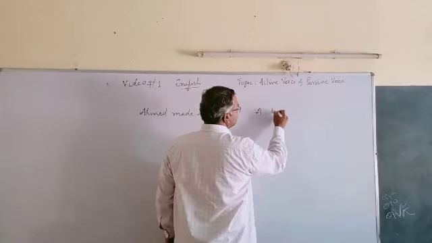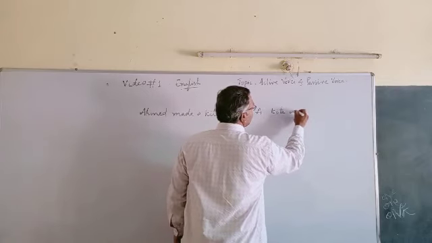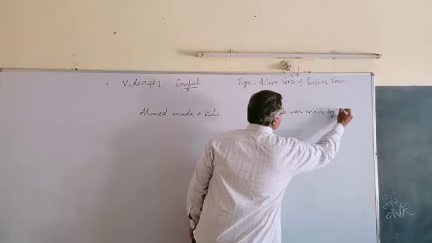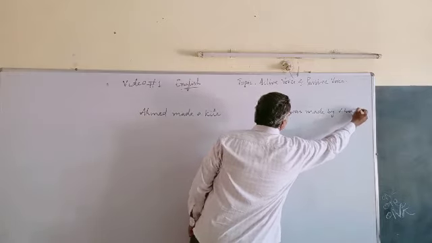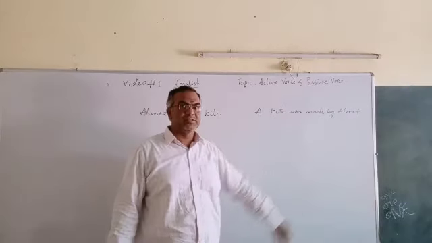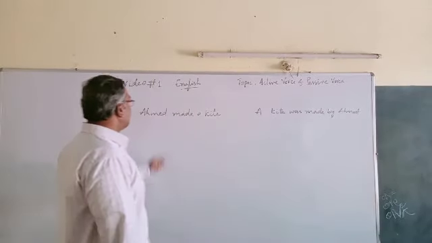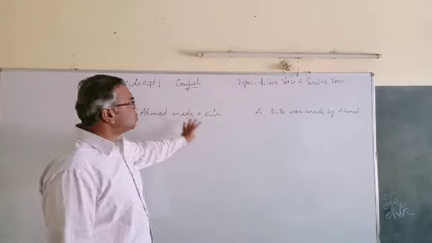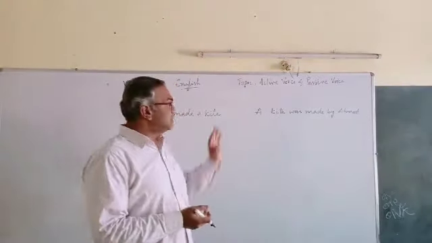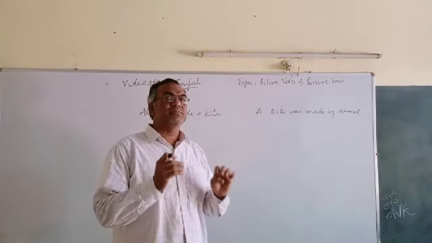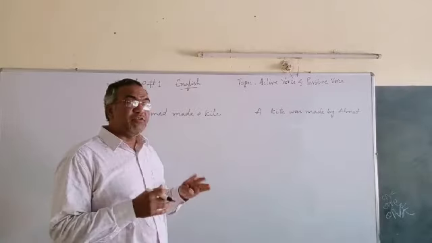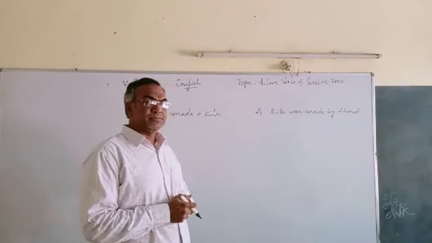And the second sentence is: a kite was made by Ahmad. If you observe, these two sentences give the same meaning, the same sense. Only the way of expression is different.